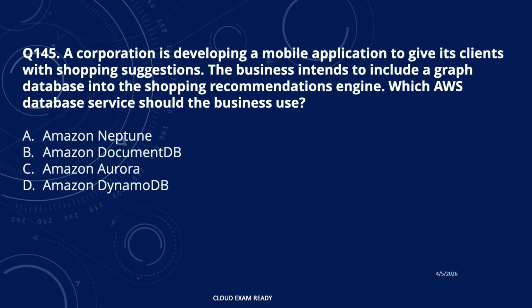So whenever the question asks for a graph database, if we are familiar with the databases, we know which service supports a graph database. So the correct answer here should be option A, Amazon Neptune. So Amazon DocumentDB, Amazon Aurora and Amazon DynamoDB are not the correct answer here.